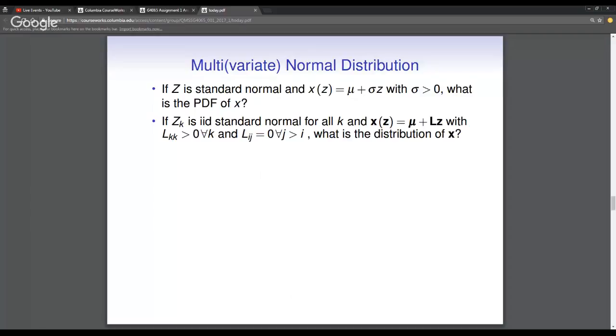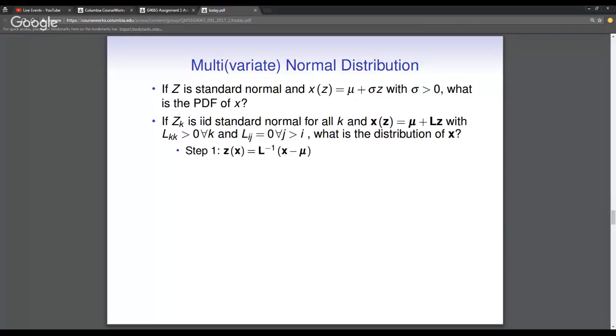L inverse times the quantity x minus mu. So once we have z in terms of x, what are we going to do with it? Stick it in the PDF for z. And then what are we going to do? Multiply by the determinant of the Jacobian of the transformation from x to z.